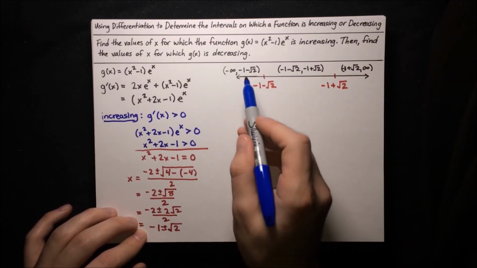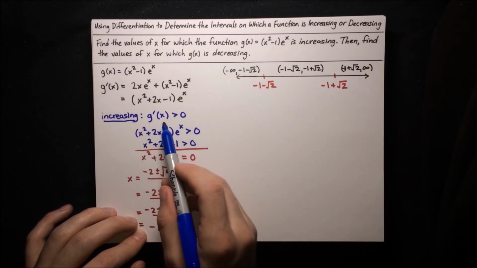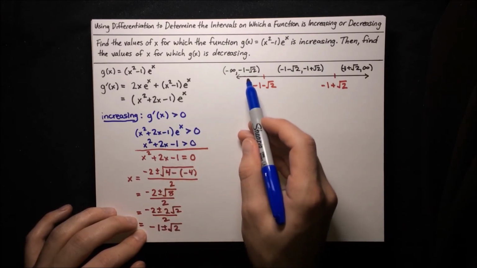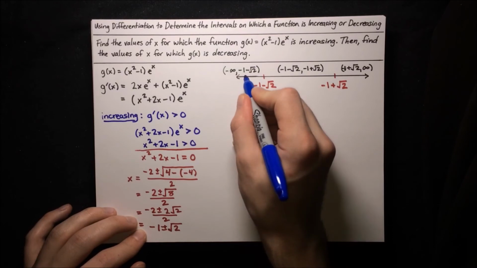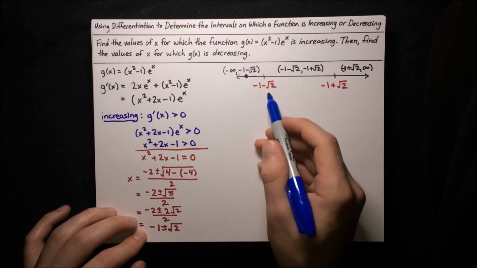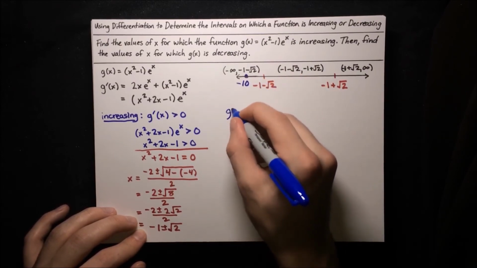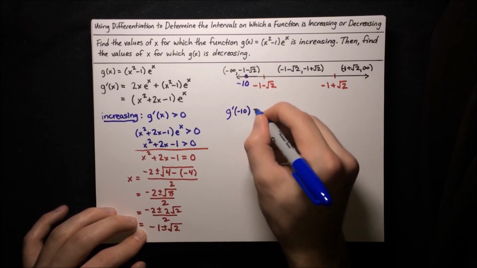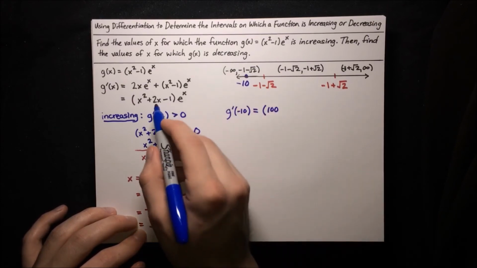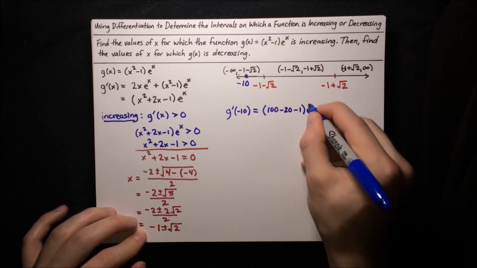Now why don't we pick some test points for each of these intervals so we can tell whether g prime of x is positive or negative at each of those test points. Whatever we find for those test points will apply to the entire interval. First, let's choose a test point on the left. What's a number that is left of negative 1 minus root 2? How about negative 10? At negative 10, g prime of negative 10 is negative 10 squared, so 100, plus 2 times negative 10, so minus 20, and then minus 1, times e to the negative 10.